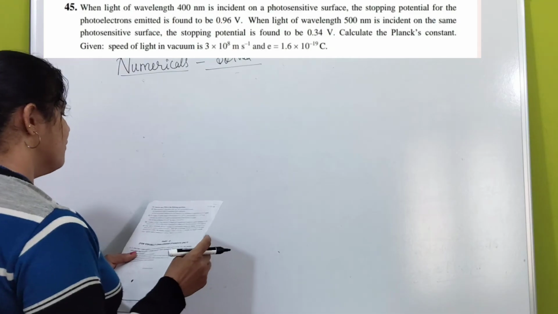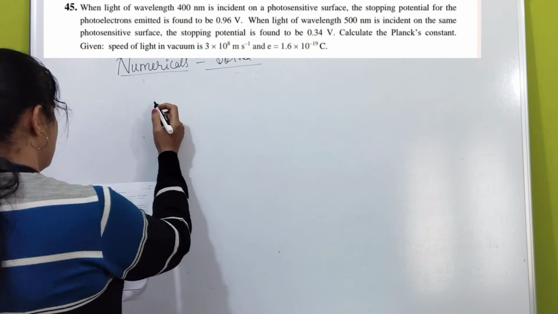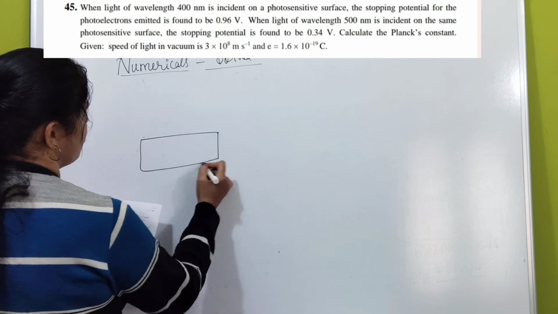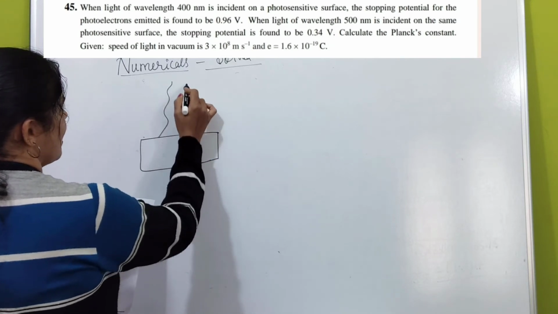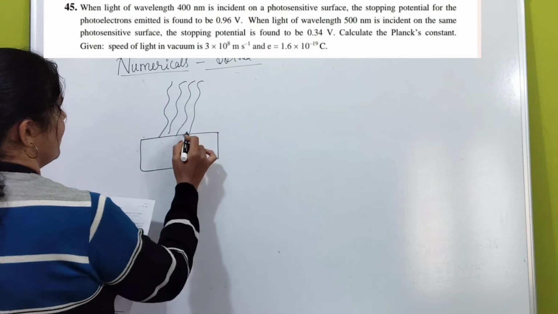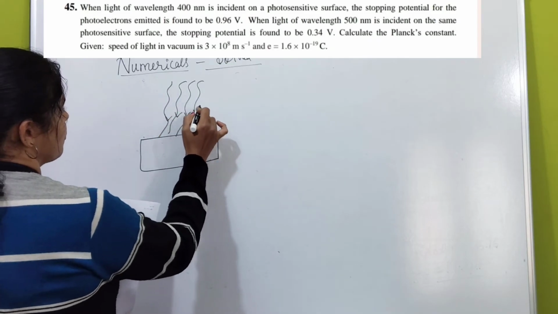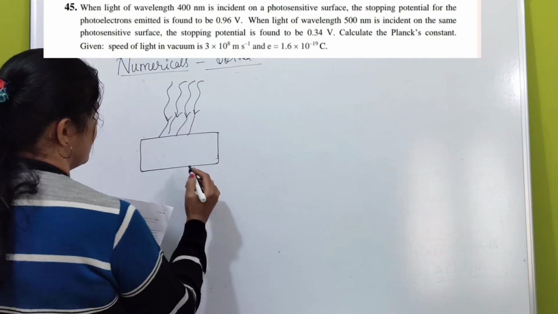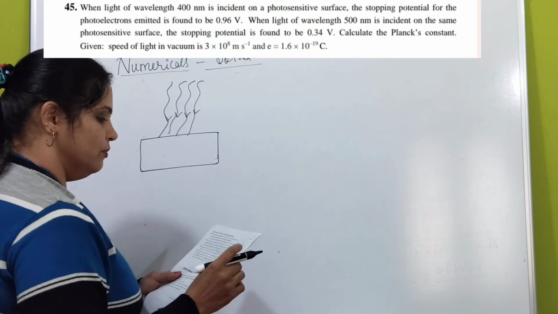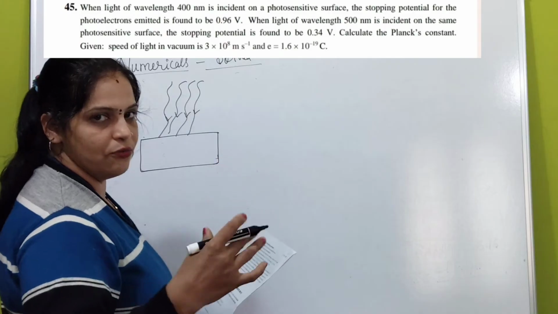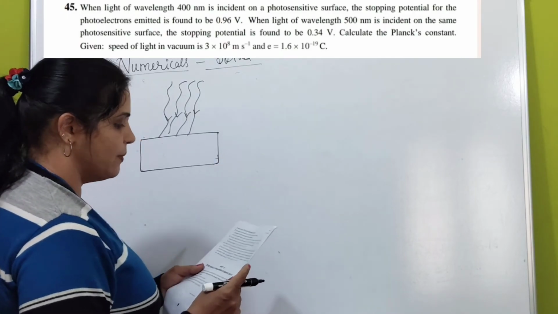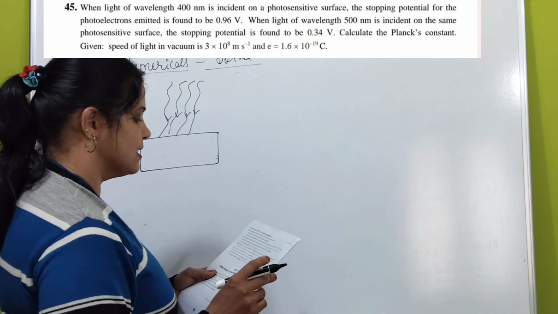Now, light of wavelength 400 nanometer is incident on a photosensitive surface. Here we have a photosensitive surface, a metal surface. The light of suitable wavelength is incident on it. Then what happens? There is photoelectric emission. The stopping potential for the photoelectrons emitted is found to be 0.96 volt.